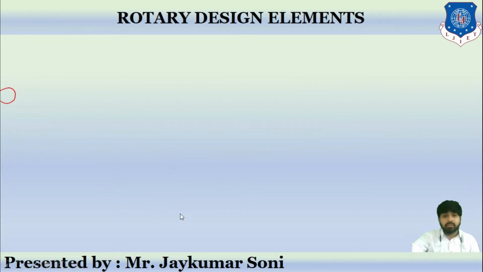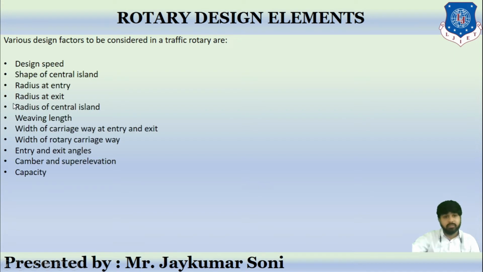Apart from all of this, there are certain other guidelines that are part of rotary design elements. So let us learn about that. Various design factors are also to be considered whenever it is about designing a rotary. That involves design speed, shape of the central island, radius of entry, radius at exit, radius of the central island, and weaving length.